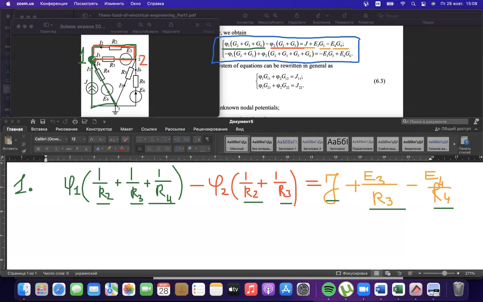That is why for the first potential, we are taking all branches. For the second, we are taking only branches that connect to this first one. And for the sources, we also take only the branches with sources connected to the first one.